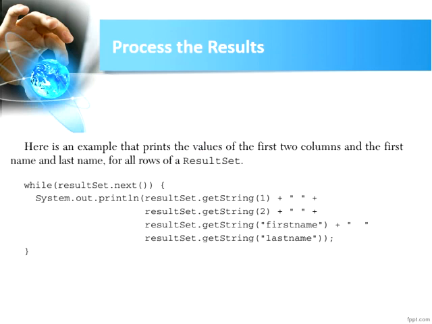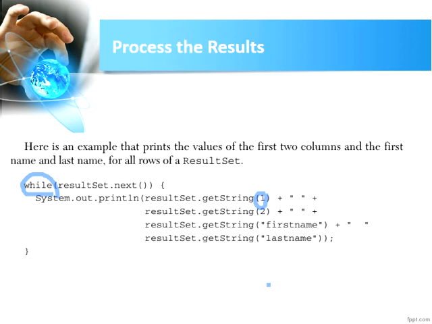After that, we will process the result. To process the result, we will use a while loop with resultSet.next, and after that we can use getString(1), getString(2), getString("firstName"). Here we use the index of the column. This is the first manner.